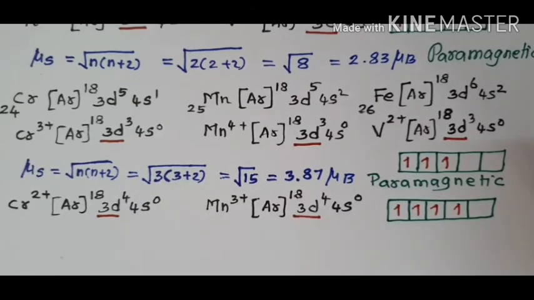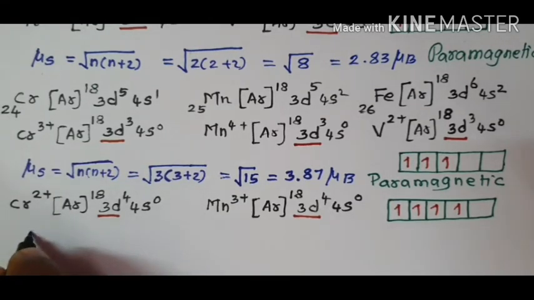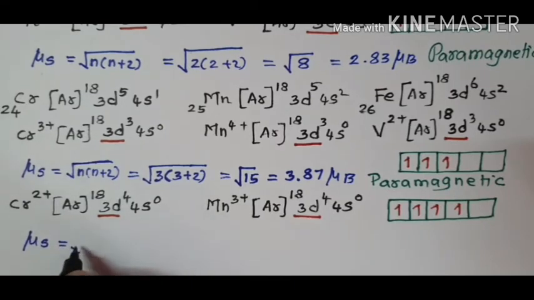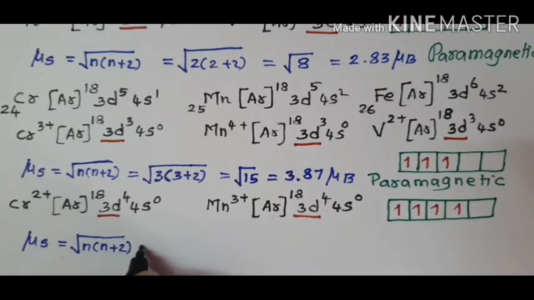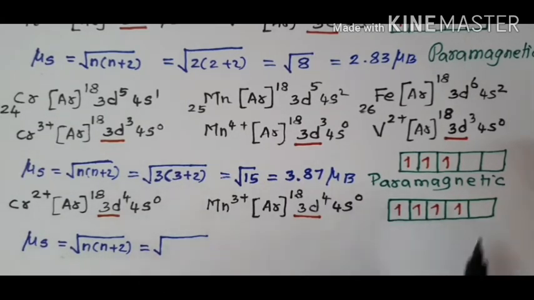Now calculate the spin only magnetic moment. Spin only magnetic moment mu s equal to, what is the formula? Root of n into n plus 2. What is n? Number of unpaired electrons equal to 4.